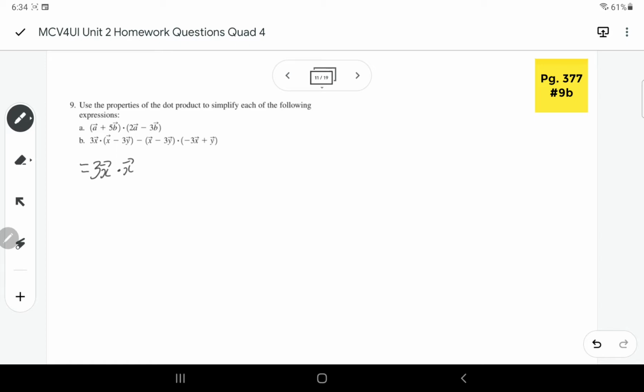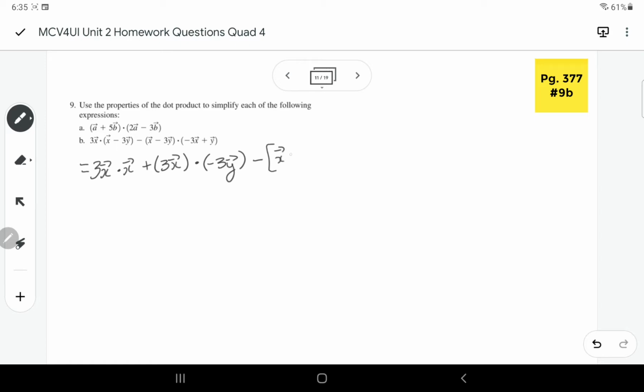So the distributive property tells us that 3x dot (x minus 3y), we can distribute that 3x using the dot product into that bracket. And then I'm going to do the same thing with this second bracket. It's kind of like FOIL, but we don't really call it FOIL.